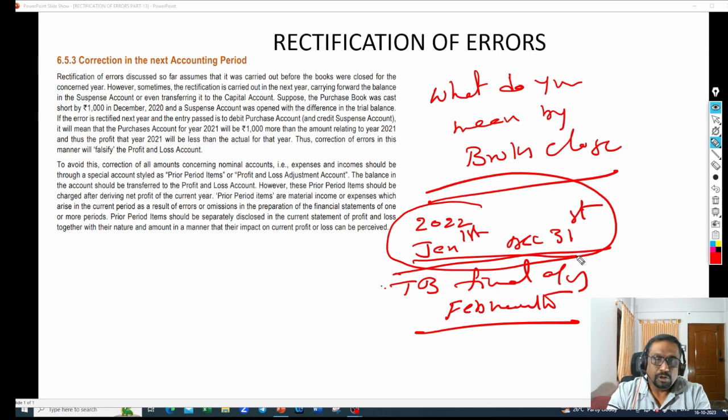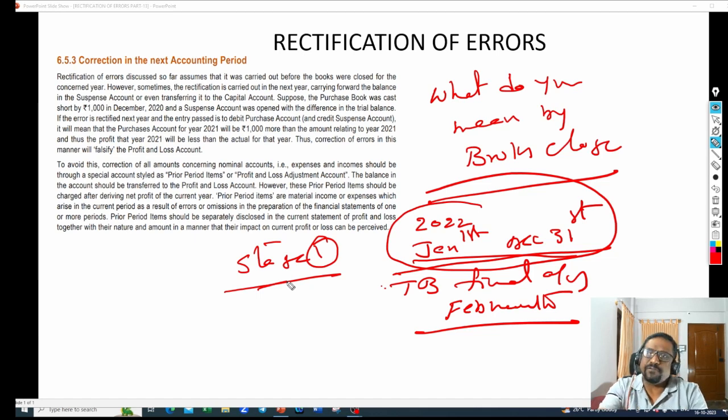Getting my point? So stage one, what did we understand in stage one? You have not even prepared the trial balance. You identified the errors. You rectified them because books are not closed. So no problem. Go to stage two. Stage two, what happened?